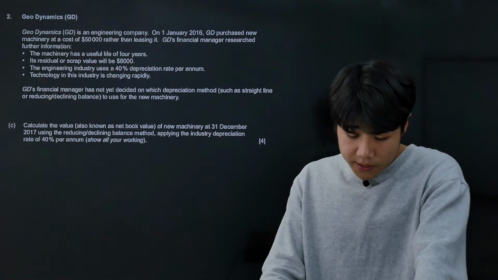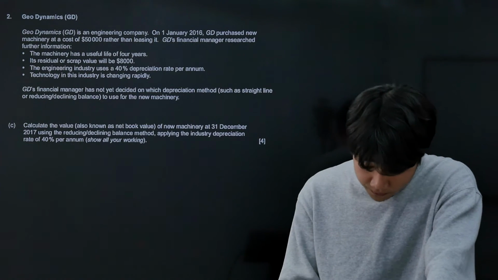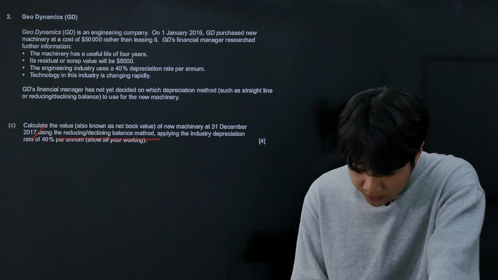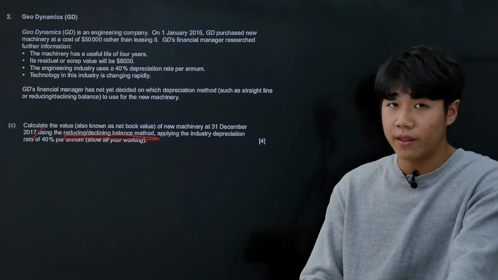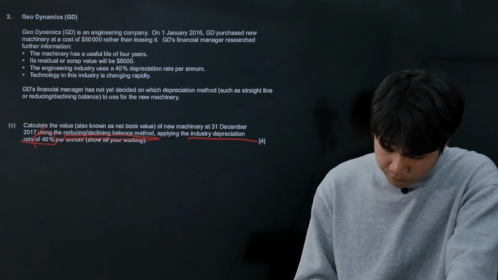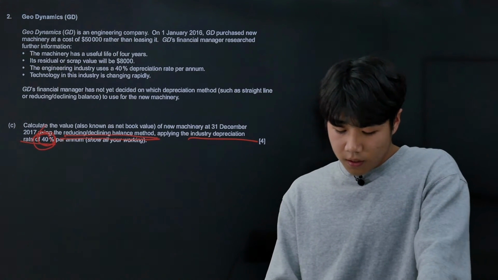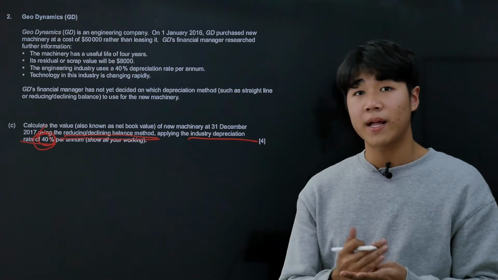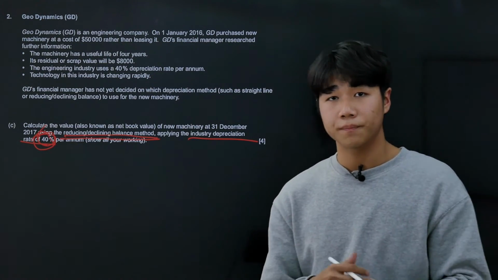Now, question C: same until the 31st of December 2017, but now using the reducing or declining balance method, applying the industry depreciation rate of 40%. Okay, so what's the biggest difference between the reducing balance method and the straight line balance method?